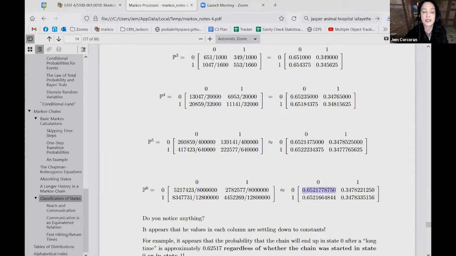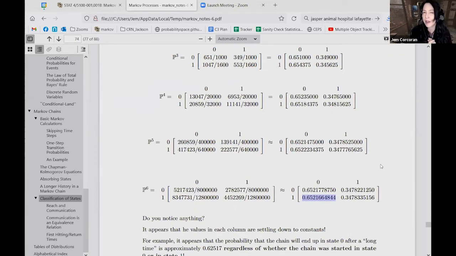this is the probability you go from 0 to 0 in 6 time steps. And this is the probability you go from 1 to 0 in 6 time steps. And it looks similar, and it's going to get closer and closer as I take more powers. What this is saying is for this Markov chain, if you let it run forever and reach a sort of equilibrium, the probability you'll be in state 0 is approximately this 0.652 thing.